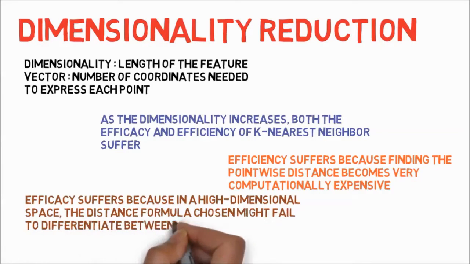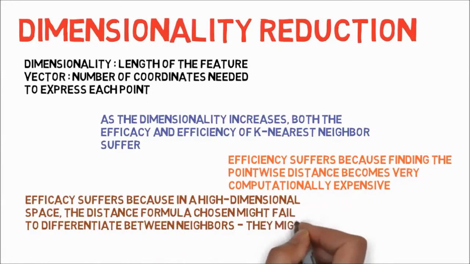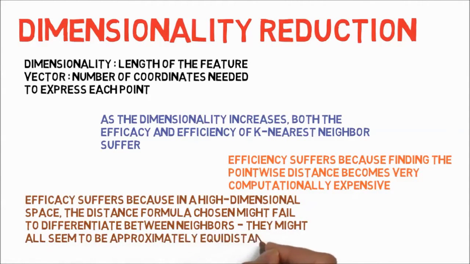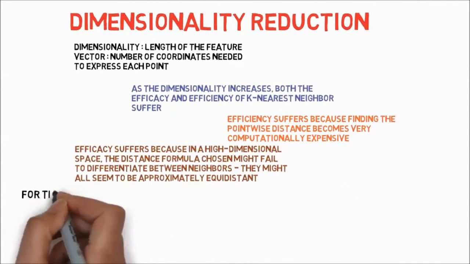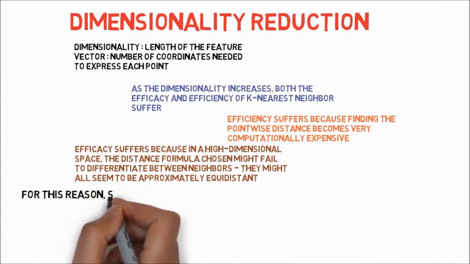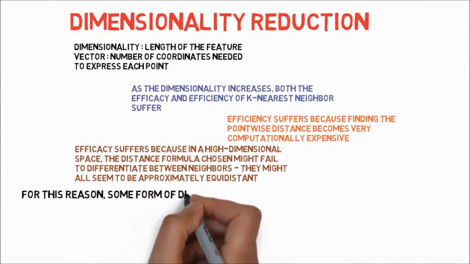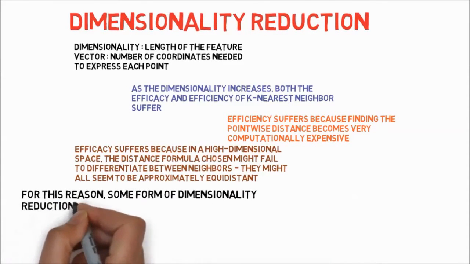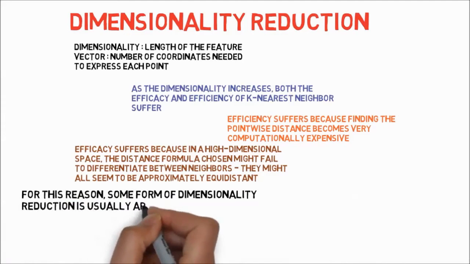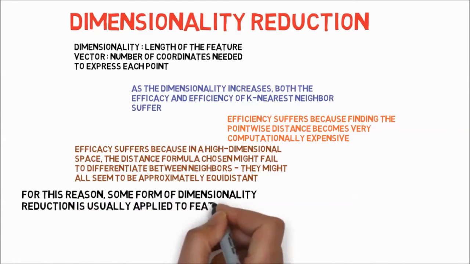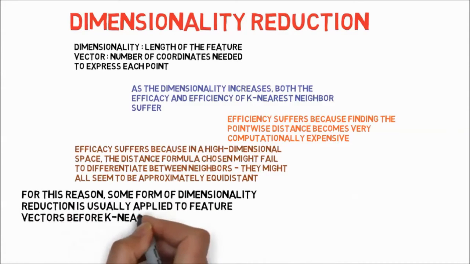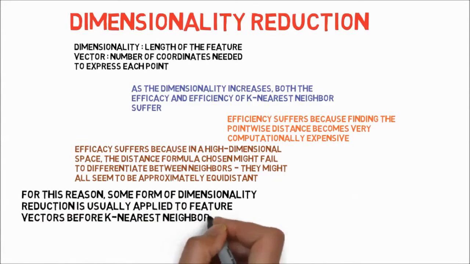So, they might all seem to be approximately equidistant. So, for these reasons, dimensionality reduction becomes something really key to the k nearest neighbors implementation. Before you go ahead with the implementation of the algorithm, you need to reduce the number of dimensions of the feature vectors.